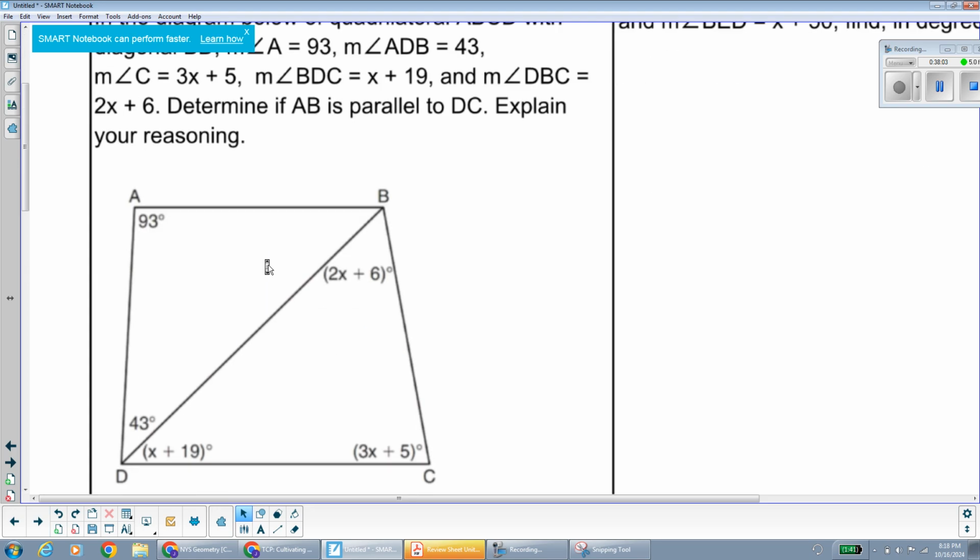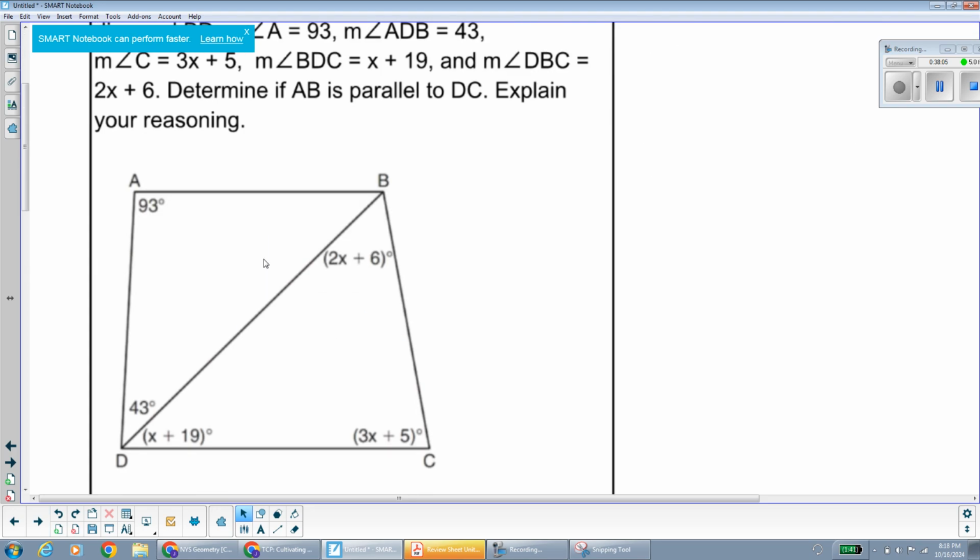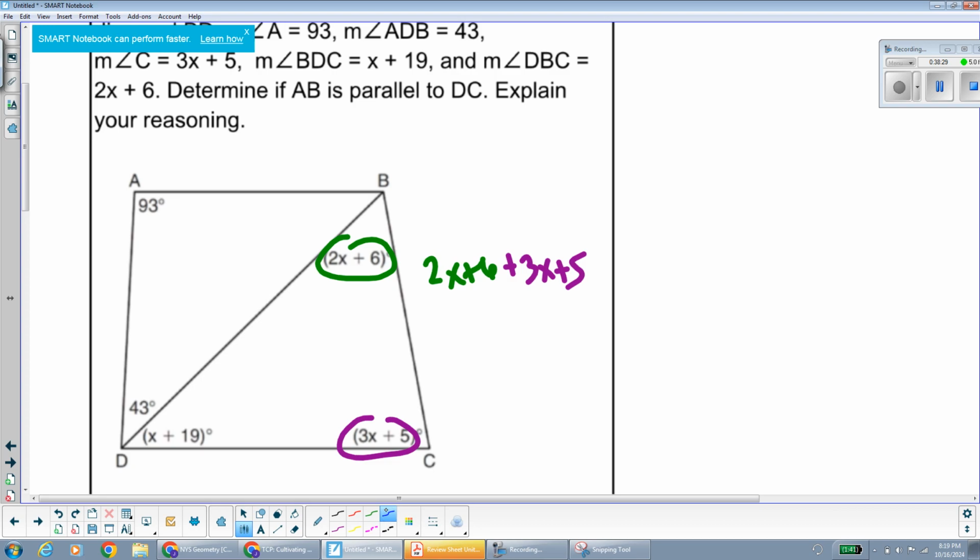Okay. So we're determining if AB is parallel to DC. We don't actually know if it is. So first, I'm going to use this triangle down here to solve for x, because I know that if I take all three angles of any triangle and I add them together, I get 180.